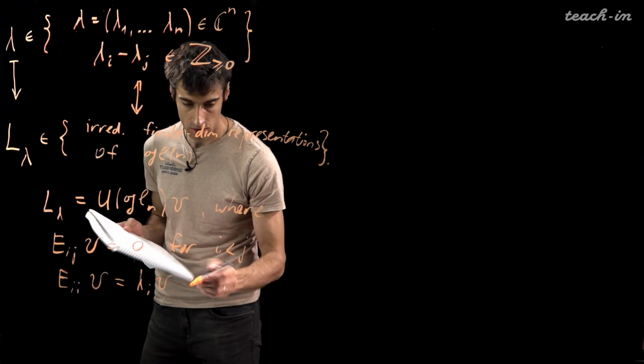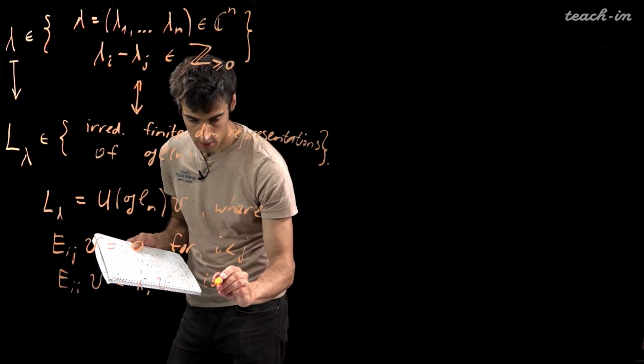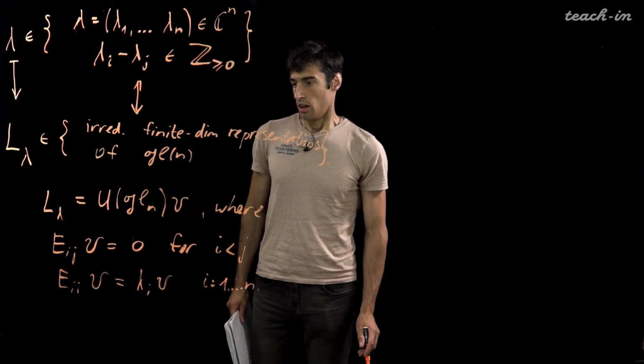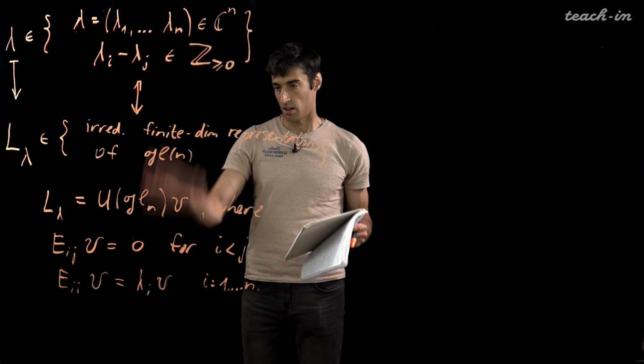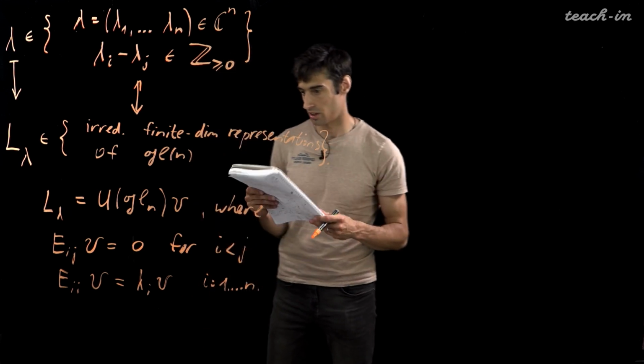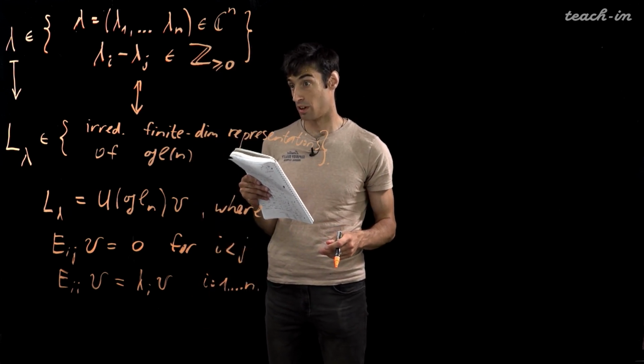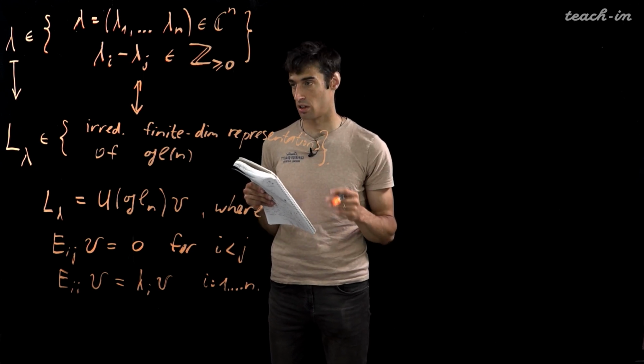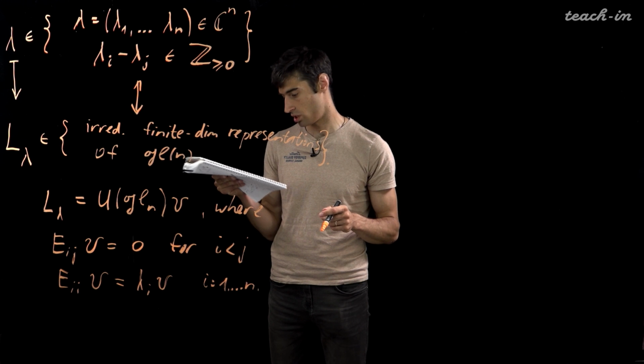This is for all i from 1 to n. Okay, so this is a very quick review of classification of irreducible finite-dimensional representations of GL_N.